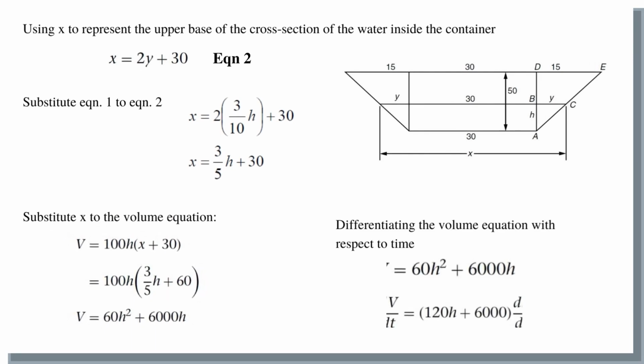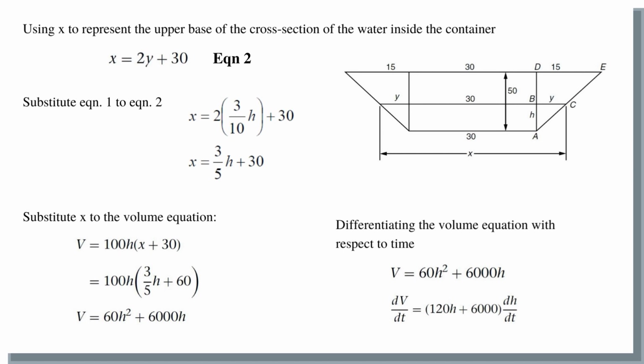After finding an equation of y in terms of h, another equation can be obtained using x to represent the upper base of the cross-section of the water inside the container. Here we can determine an equation of x in terms of 30 and twice y. So x now is equal to 2y plus 30, which is the second equation.